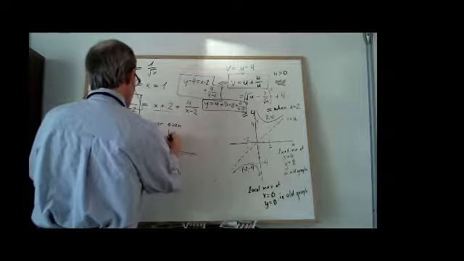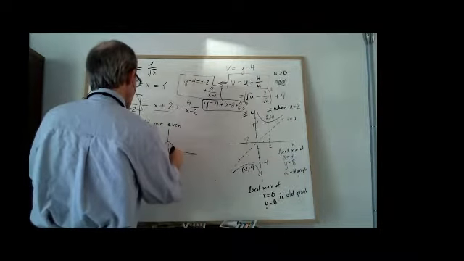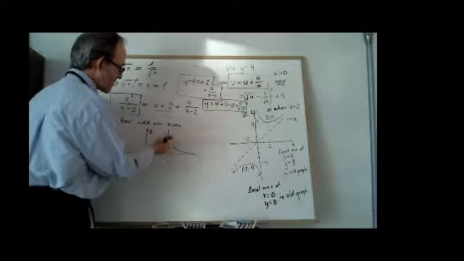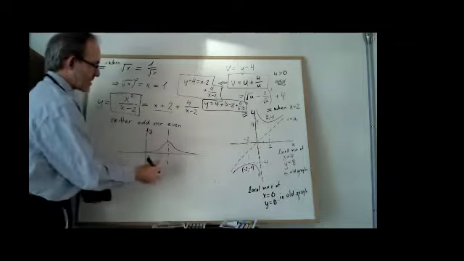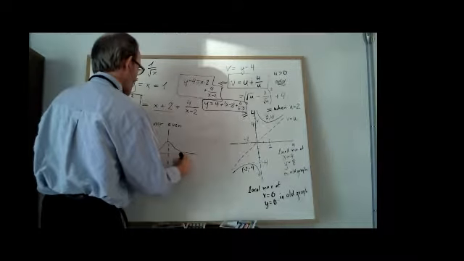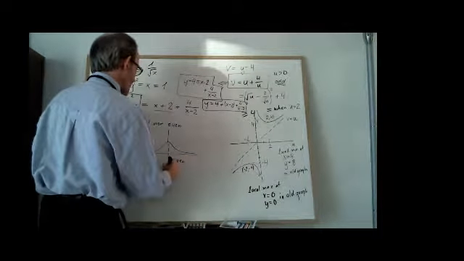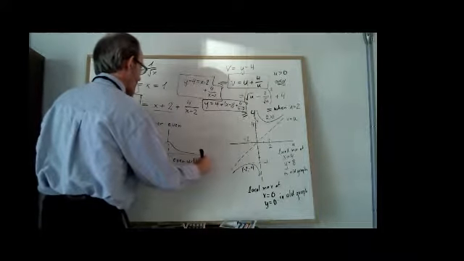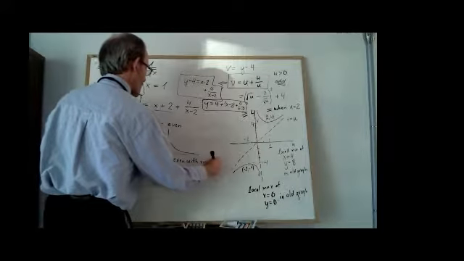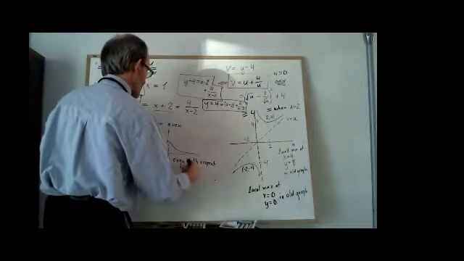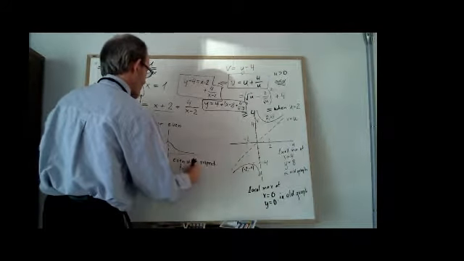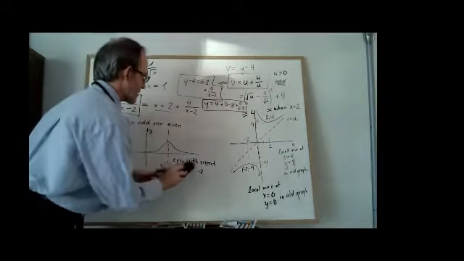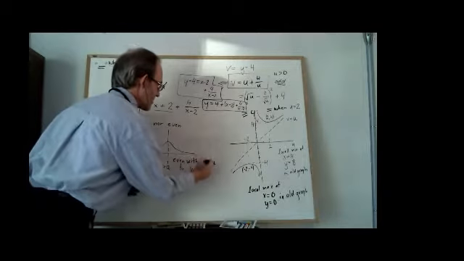Okay, so this has an even symmetry with respect to an axis different from the y-axis, with respect to some line here, some vertical line. In this case, x equals a.